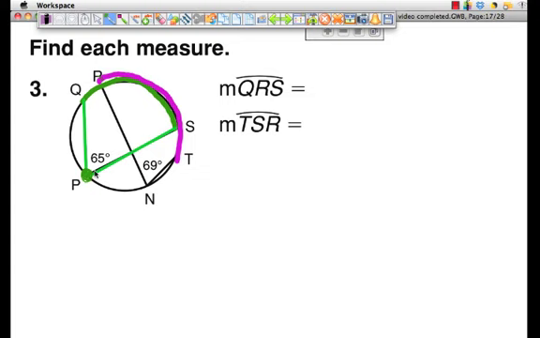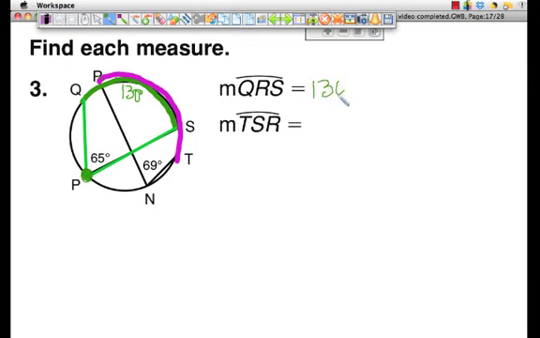Since I know the angle already, I'm trying to find the arc. Since this is smaller, it's getting bigger, I multiply by 2. For QRS, it's 65 times 2, which is 130 degrees.